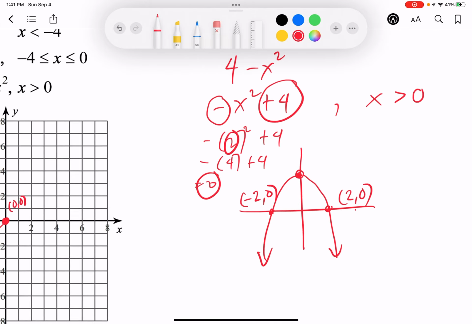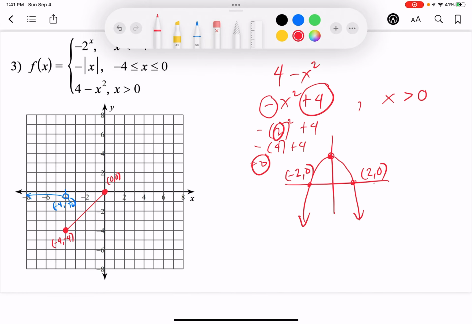Ganon din sa negative, di ba? So, negative of negative 2 squared plus 4. The square of negative 2 is 4, positive 4. May negative sa unahan, so negative 4. Negative 4 plus 4 is also 0. So, ganyan yung itsura ng ating graph kapag buo yung graph na ating gagawin.